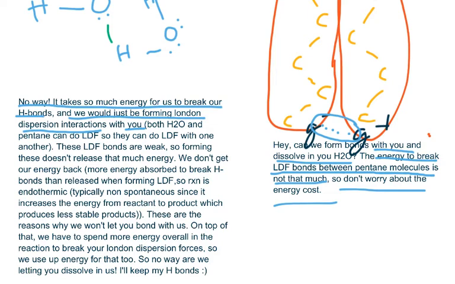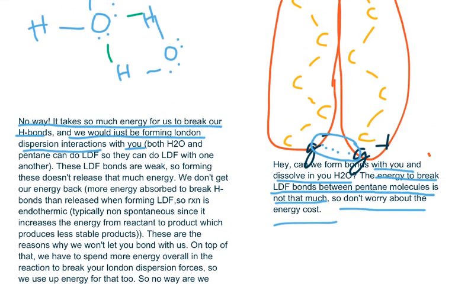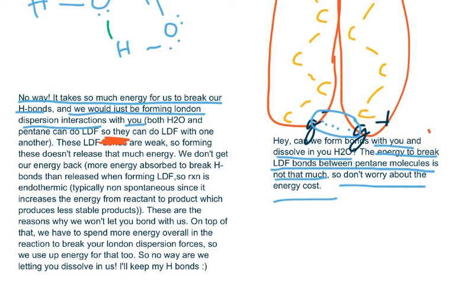And the reason why H2O and pentane can do LDF is because both of them have capabilities of doing LDF, since all covalent compounds or molecules can do LDF. And these LDFs are weak, so forming these doesn't release that much energy. We don't get our energy back because it takes more energy for us to break the H bonds than is released when we form LDF interactions with you, pentane, so the reaction is overall endothermic.